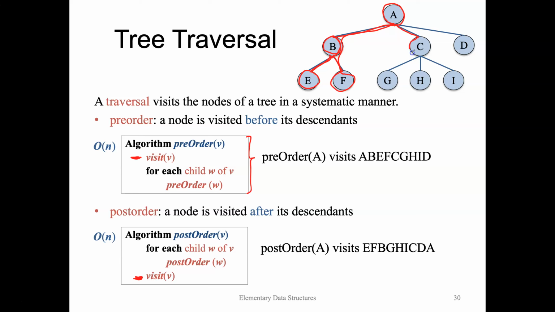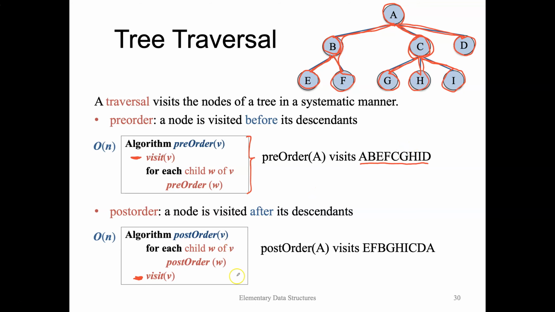So we get to C, we visit it, and after we visit it, we recur on its children. So we visit G, and then H, and then I. So now we're done with all children of C. How we got here was from A. A still has children left. So now we visit D, and we come back up and A has no other children. So this was that order when I circled. This is the order we would encounter those following a pre-order traversal.